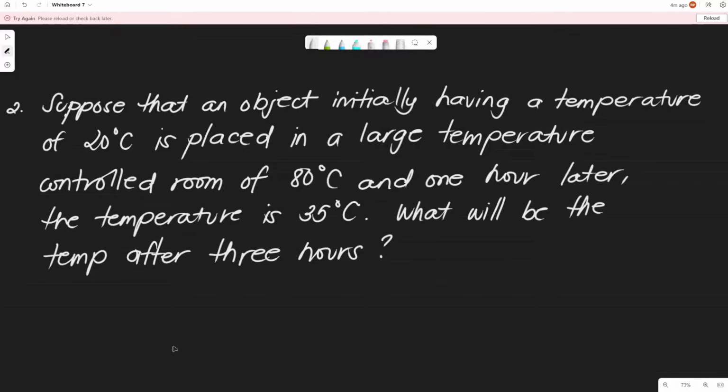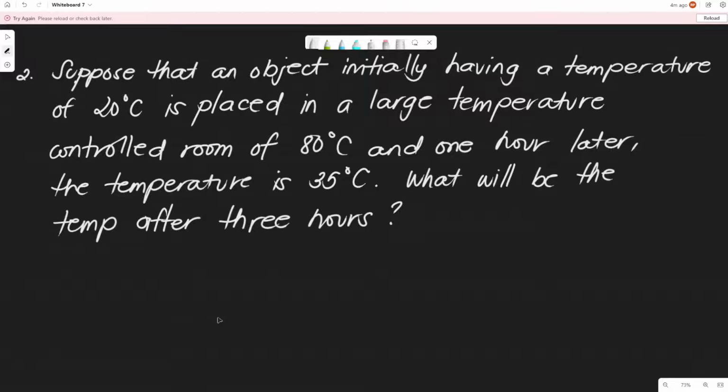How are we going to identify whether it is heating or cooling? It was not directly stated, so check the initial temperature. Initially, the temperature is 20 degrees Celsius, so T0 is 20 degrees Celsius, at time t sub 0 equal to 0. After 1 hour, the temperature is 35 degrees Celsius.